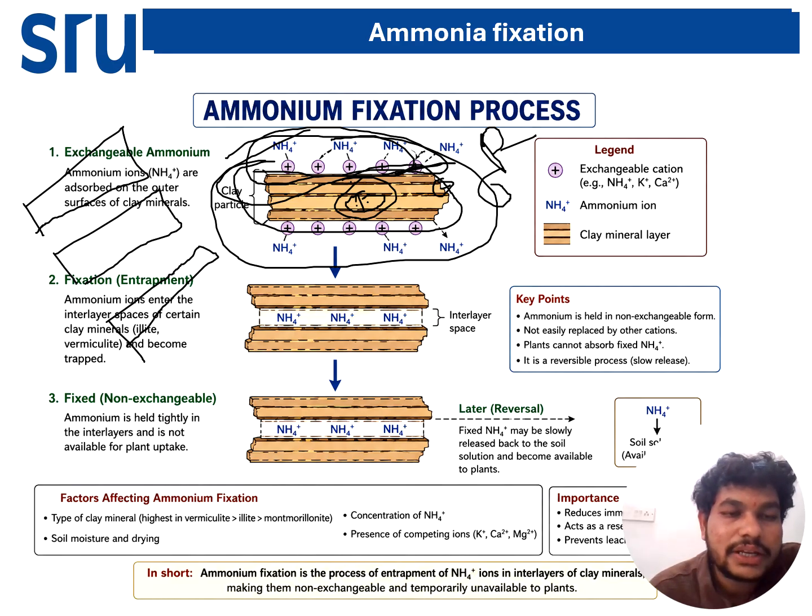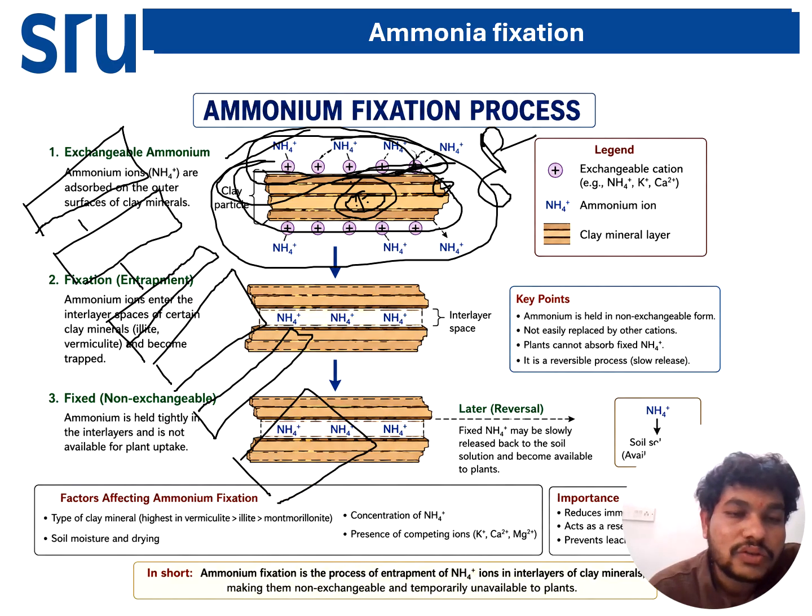Like this another lattice will be there. This is silica, this is the aluminum layer, and again this is a silica layer, right? Within a lattice there is an H bond, and between the lattices there is an OH bond.